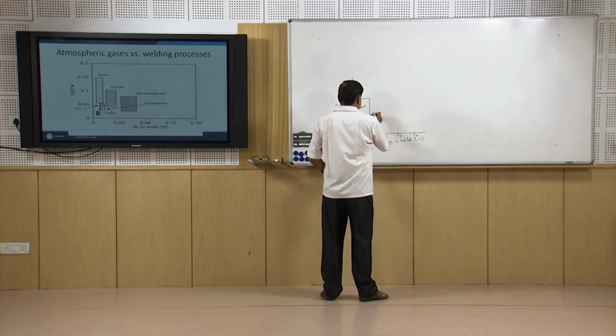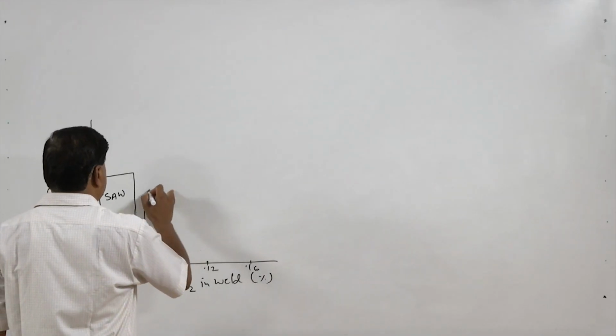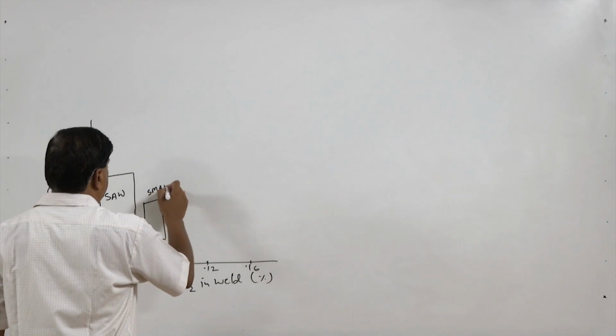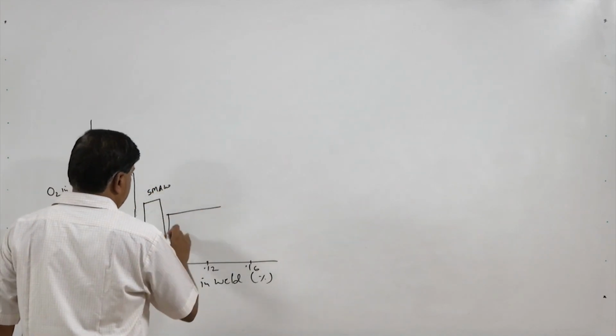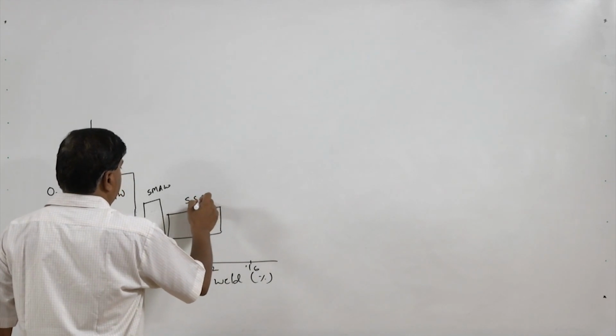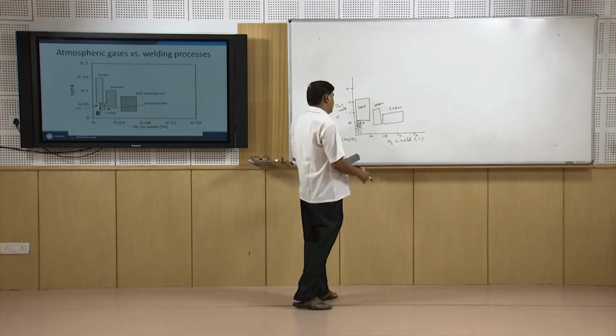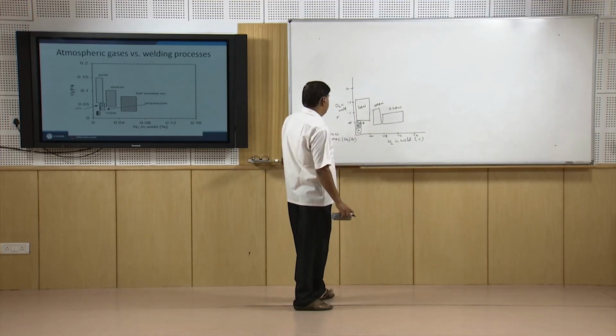So, now we can correct here a little bit. You can see this is for SMAW, and here we have self shielded arc welding like flux cored arc welding. They offer much higher concentration of nitrogen in the weld.